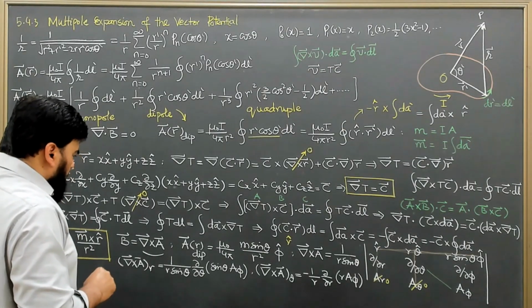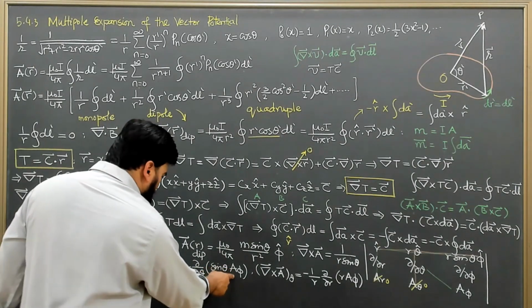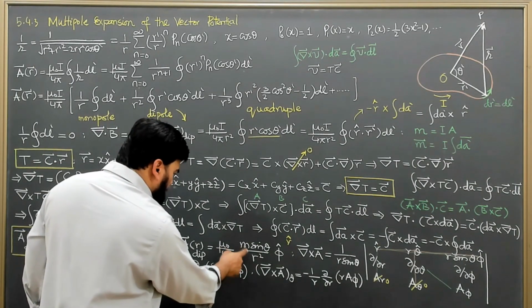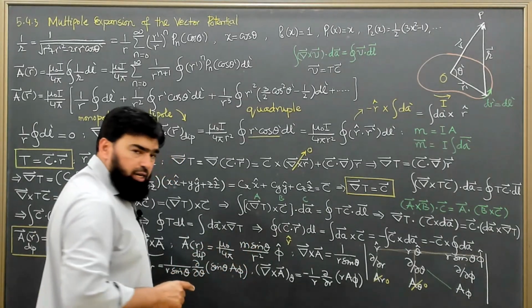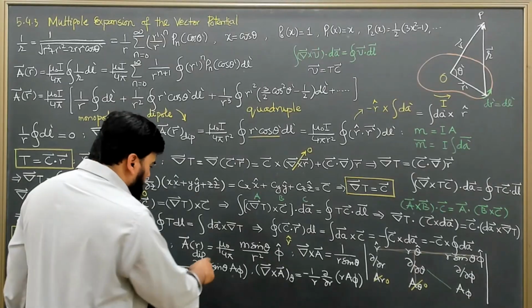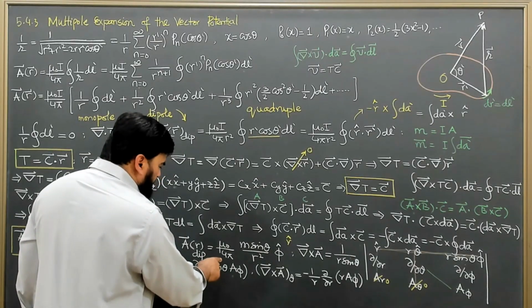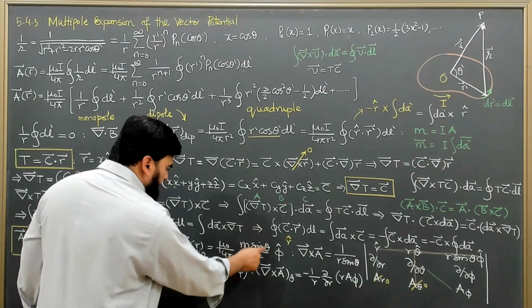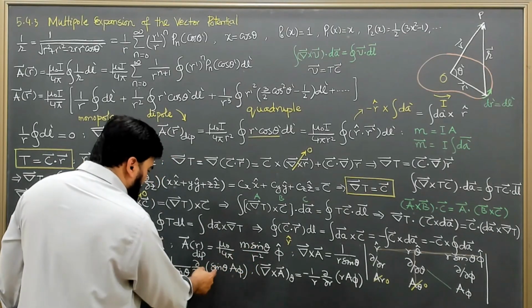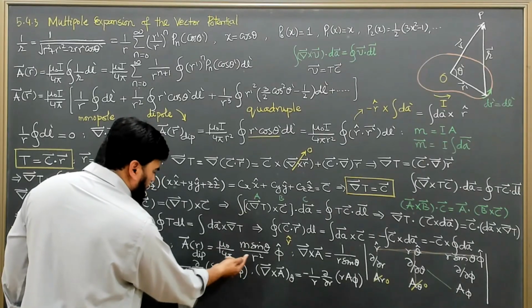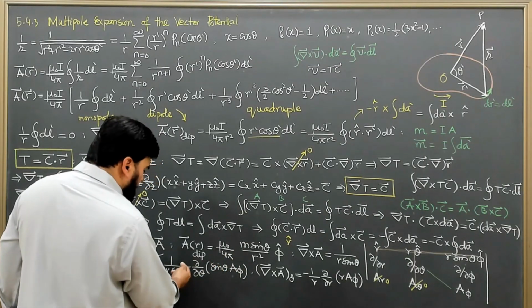Look here, when A phi comes in, then m over r squared will come in here, and sine theta will come in here. So this is sine squared theta here. And m over r squared, m and r are not depending on theta, so they will come out.